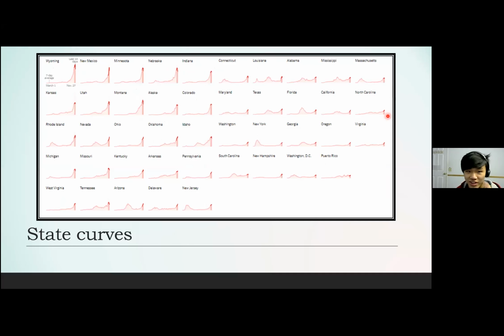One important thing to look at is the local level of curves. These are the curves of states that have had an increase very recently. It doesn't include every state, since some states like Hawaii, for example, haven't faced a large increase. But here we can see from these local level curves that certain states only have 1 peak, and that peak is happening now.